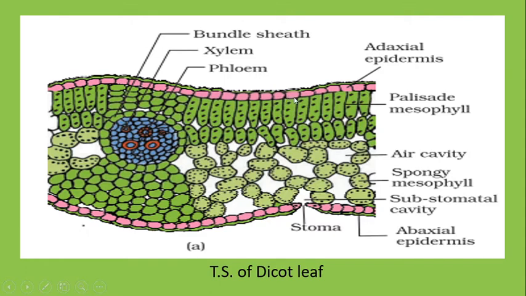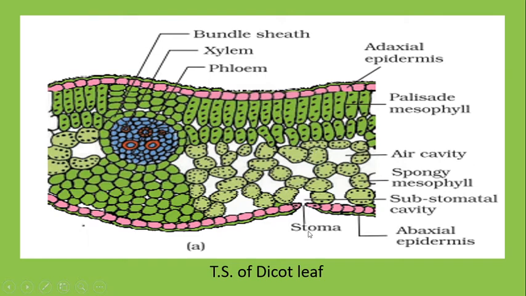Because the lower side is not directly exposed to the sunlight, it has more stomata. Stomata are responsible for transpiration, so to avoid excess transpiration, the upper epidermis, which is exposed to direct sunlight, has fewer stomata.